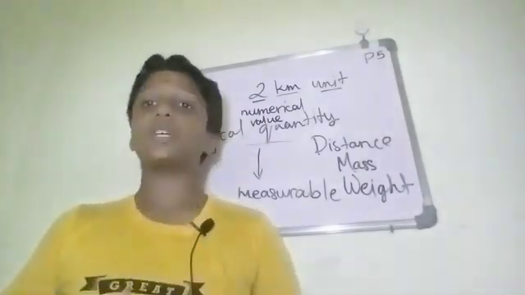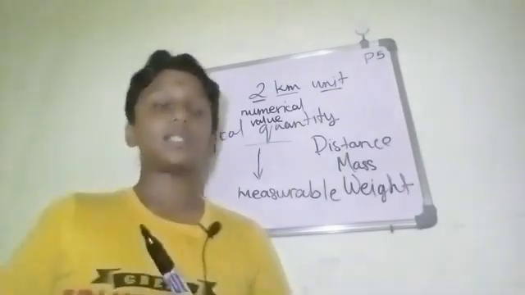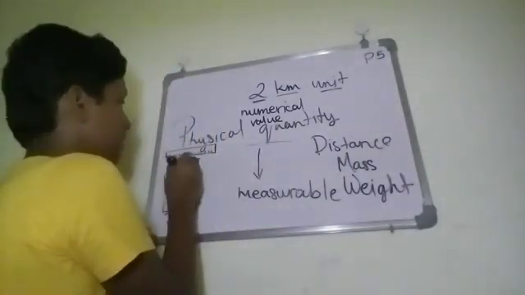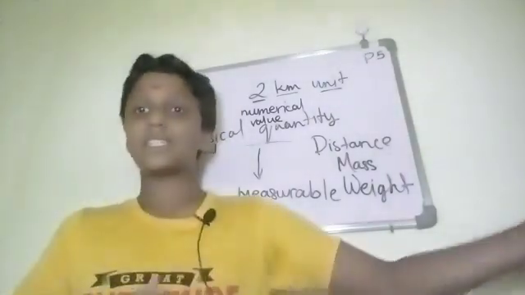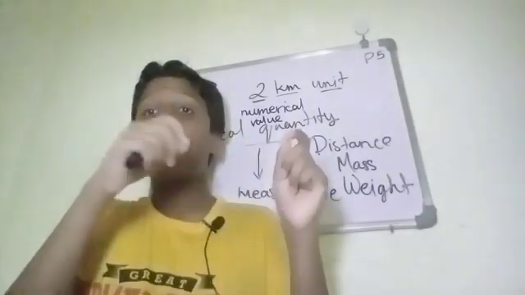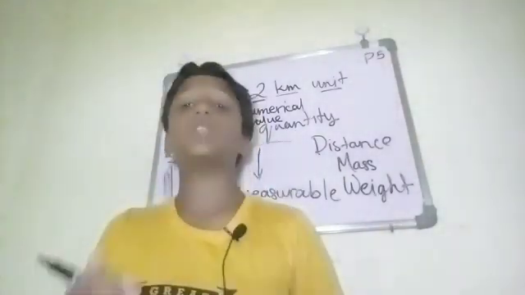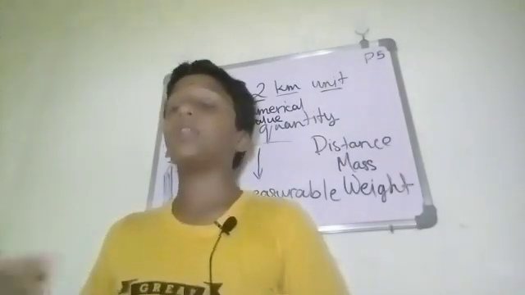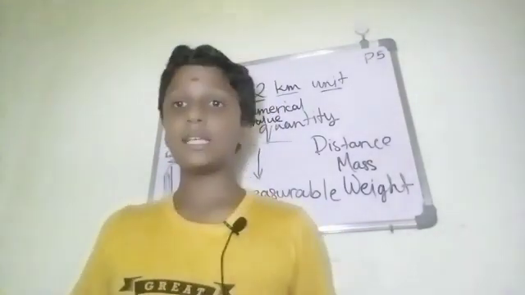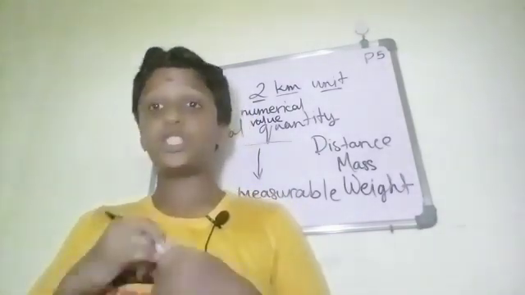And we should look at one more thing. It should be of the same kind. Here we are measuring the breadth, and breadth is just distance, and the scale also marks the distance, so it is of the same kind. When we look into the definition, I will say the points that we need to include.